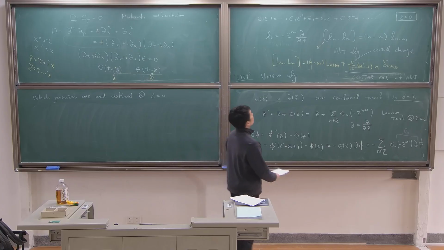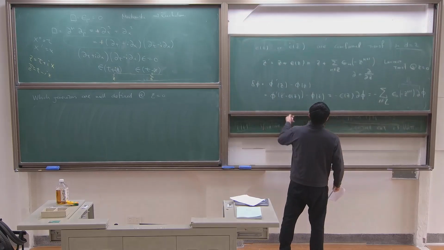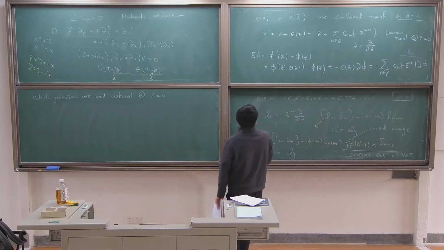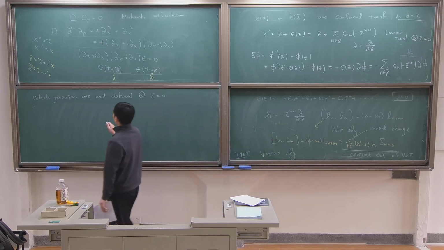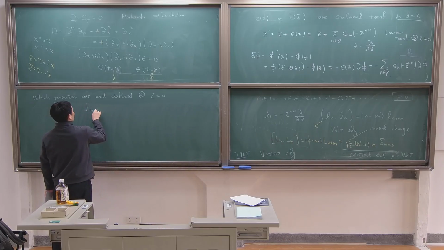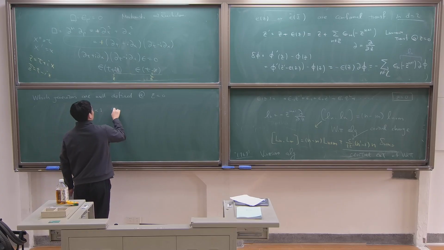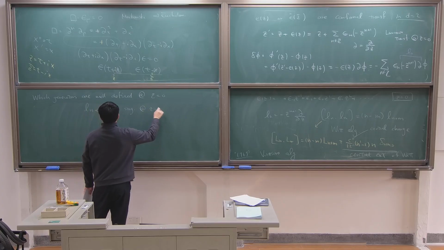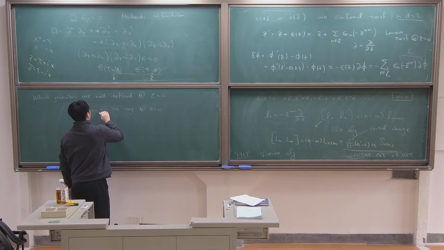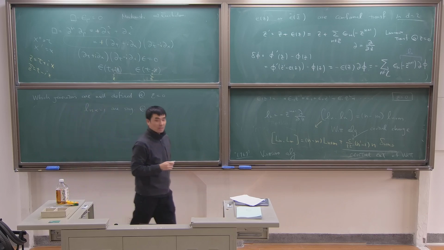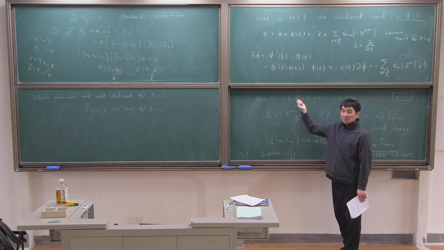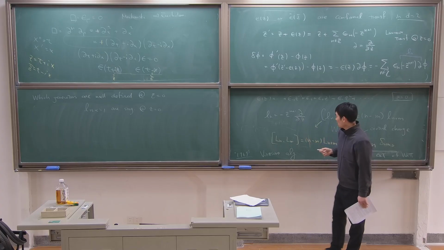If you look at this transformation, L_n with n less than 1 is singular at z equal to 0, because it has z to the negative power, so when z equals 0, this is divergent.